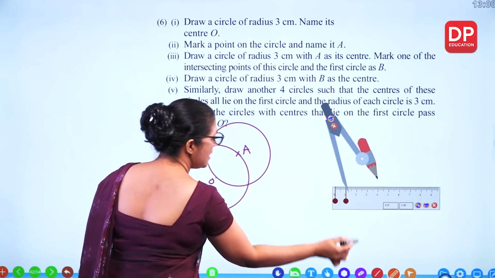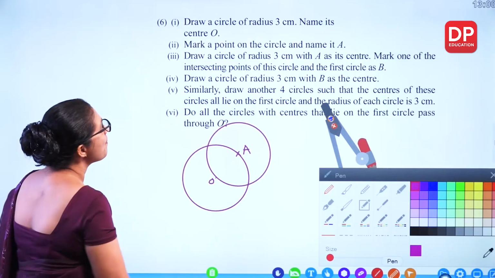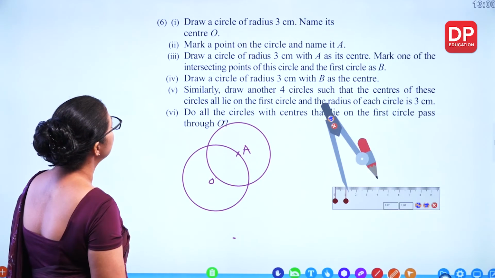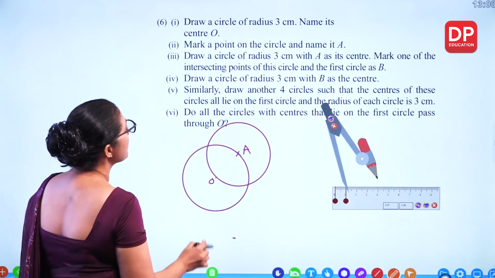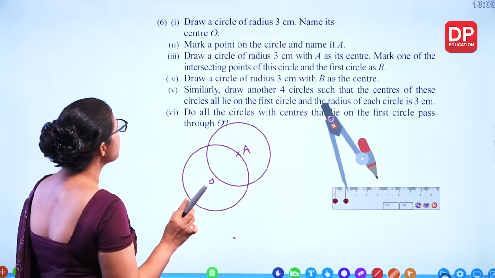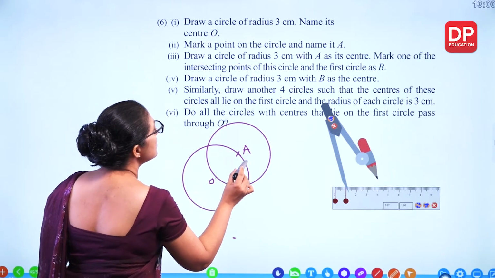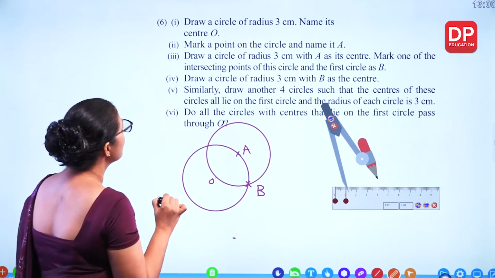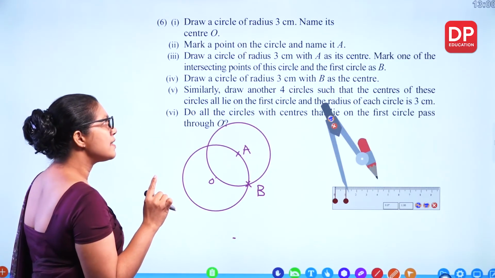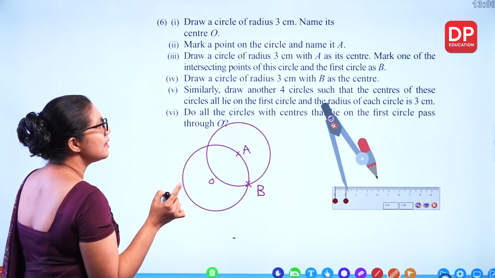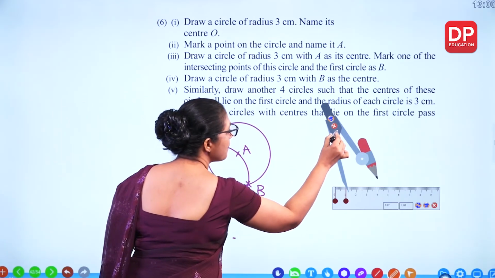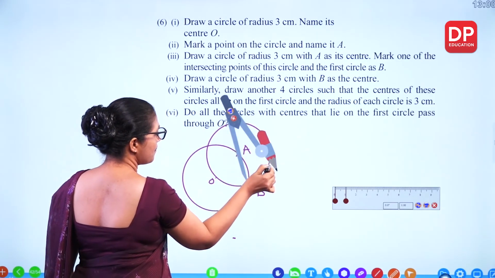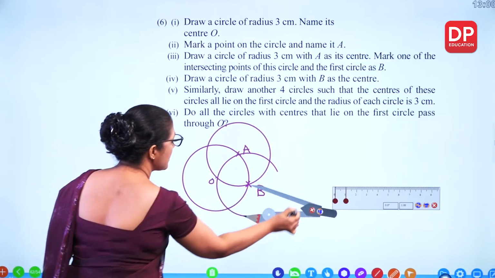It says the intersecting point you can mark as B. Mark one of the intersecting points of the circles, this one, B. Draw a circle of radius 3 centimeters with center B again. So we can take the same thing, center B, and draw a circle.